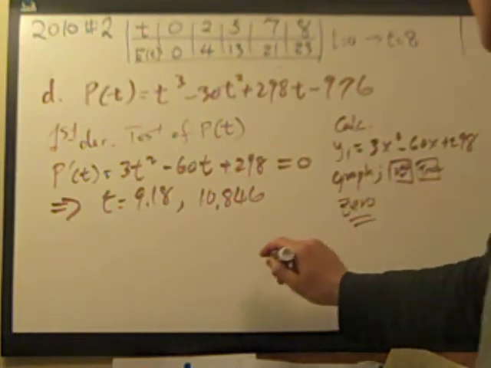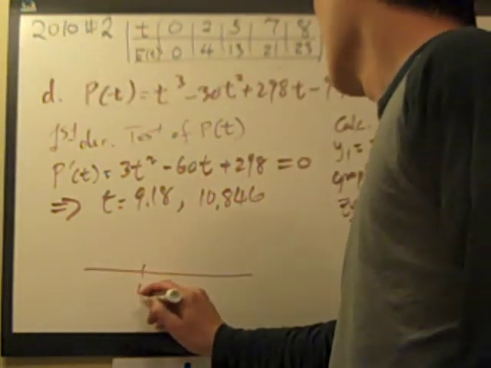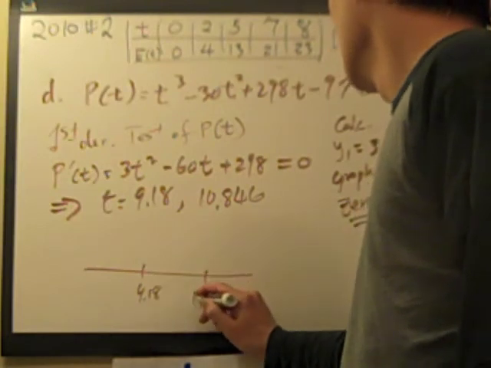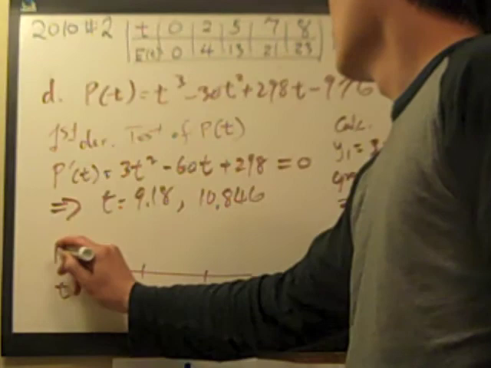So then we're going to go ahead and do the first derivative test. We get 9.18 right here, 10.84 right here. This is t, and this is P prime.